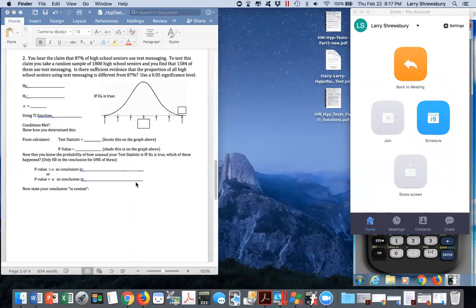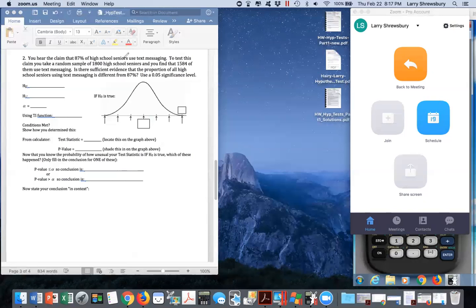All right. So we're testing a claim, so we know it's a hypothesis test. Now I need you to tell me what type of data this is. You figure that out while I get my annotation tool ready here. So have you figured it out? What are we doing to each senior?